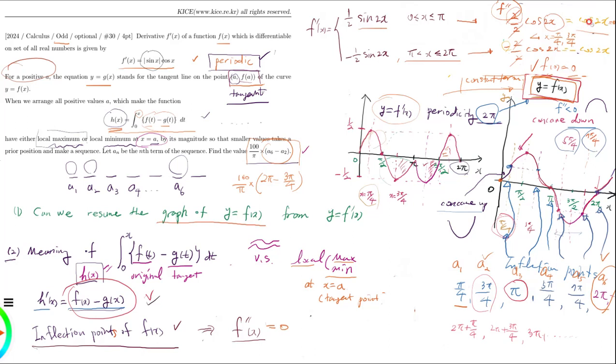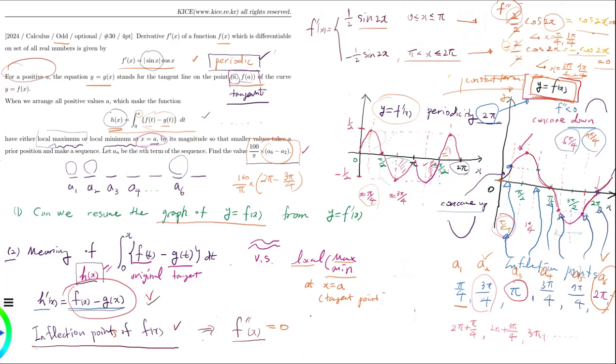Okay, and then another one, in this region we take an equation, negative cosine of 2x equals 0 gives us solutions of x equals 5 times pi over 4 and 7 times pi over 4.